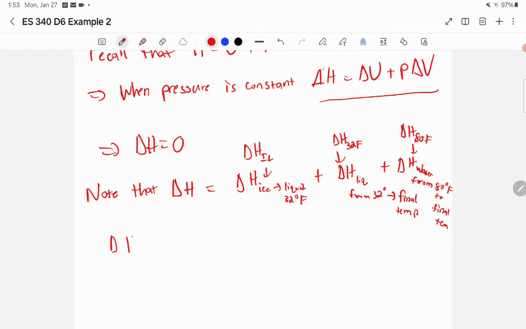So delta H equal to 0 implies that delta H_IL plus delta H_32F plus delta H_80F is equal to 0. Okay, very good.